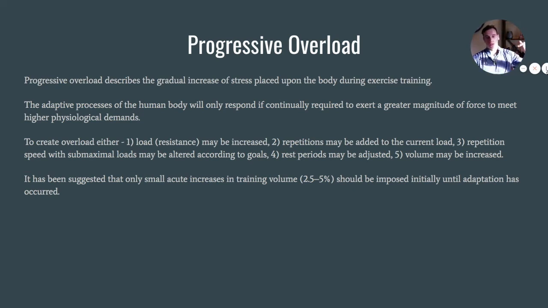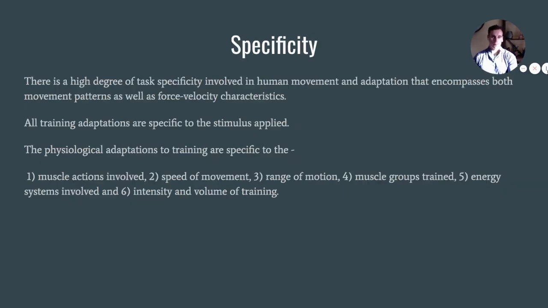This should be imposed initially until that adaptation has occurred and they become used to the specific training that they're doing and also competing, and they can generally tolerate the overall training load of their week as a whole. We'll talk about that a little bit later, but essentially with progressive overload, the main thing is that you make sure that it's appropriate, and also that it is occurring, manipulating any of those variables that we spoke about.